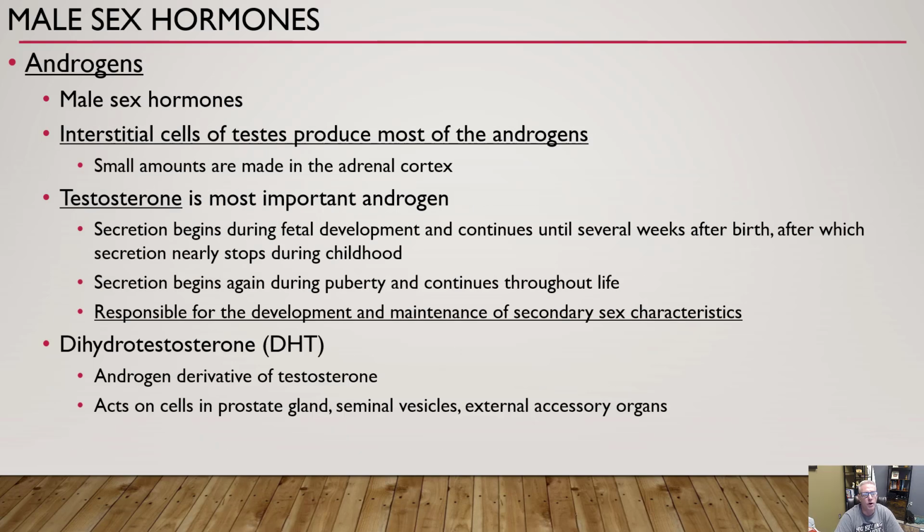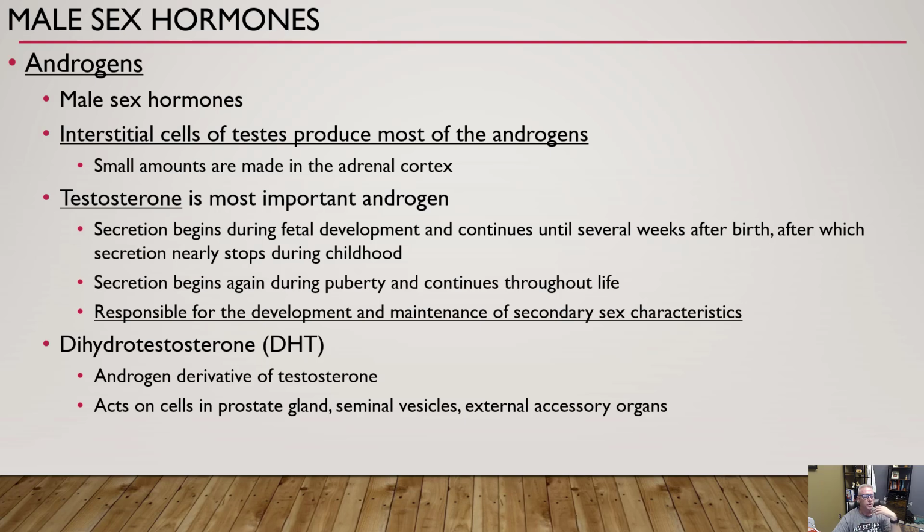Androgens are your male sex hormones. Remember, the interstitial cells of the testes are going to produce most of your androgens, but a small amount of these are made in the adrenal cortex. Remember, the adrenal cortex is what sits on the kidney, but testosterone is going to be your most important androgen.